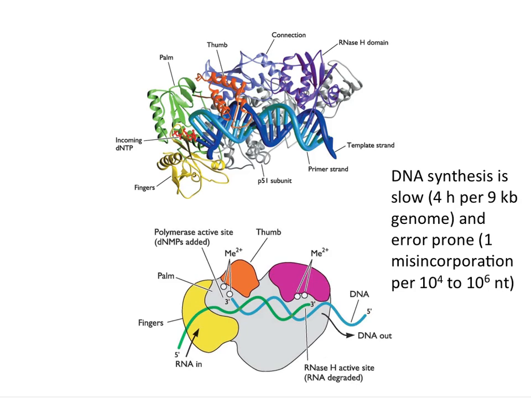And if we look at this in a schematic way, here is a schematic of this structure. Here's the incoming RNA template in green. Here are 2 metal coordinating amino acids. We talked about the 2 metal hypothesis for nucleic acid catalysis. The RTs are no different. So there, the 2 metal ions would be chelated here and assisting in the polymerization.